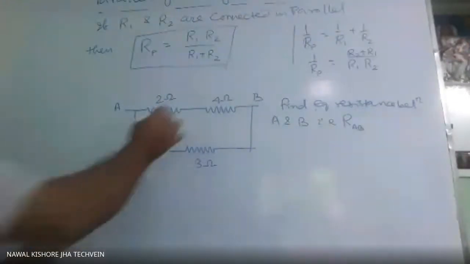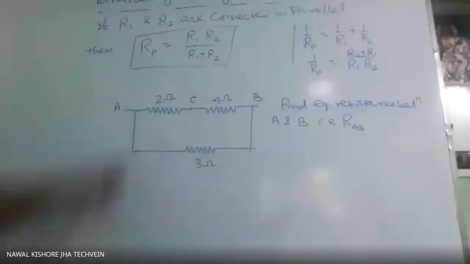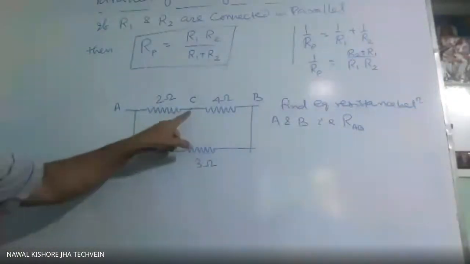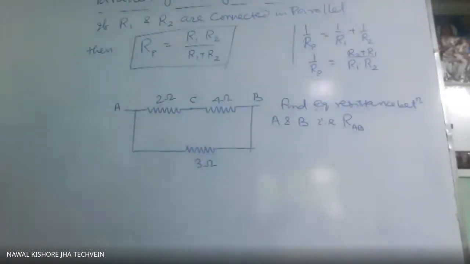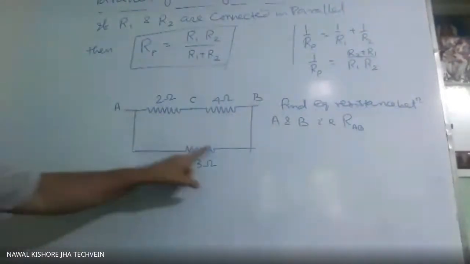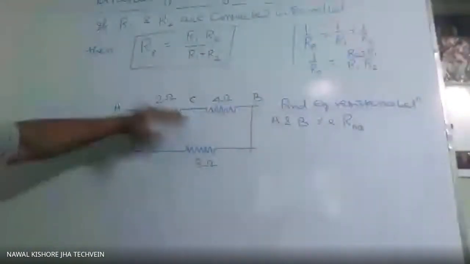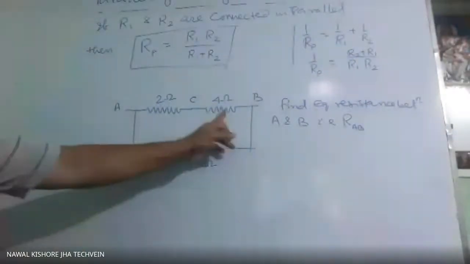See, one terminal of 2 ohm is connected to point A. The other terminal of 2 ohm is connected to point C. Now, about 3 ohm: one terminal is connected to point A, and the other terminal is connected to point B, not to point C. So this is not parallel to this, neither is it parallel to 4 ohm.